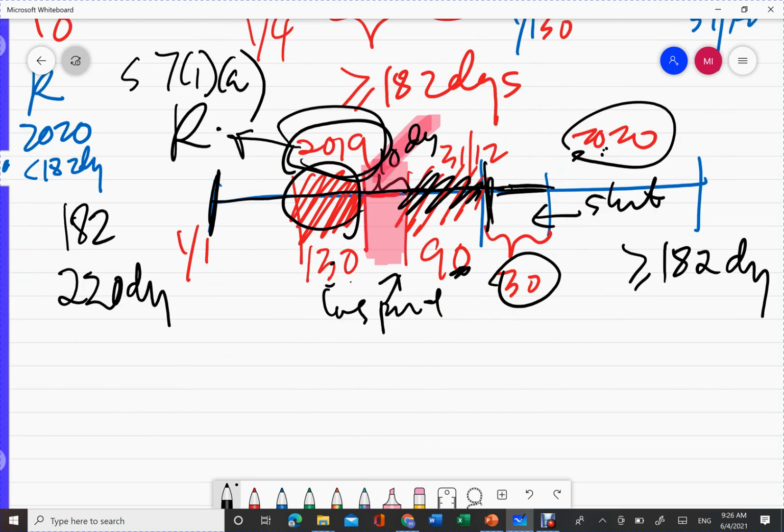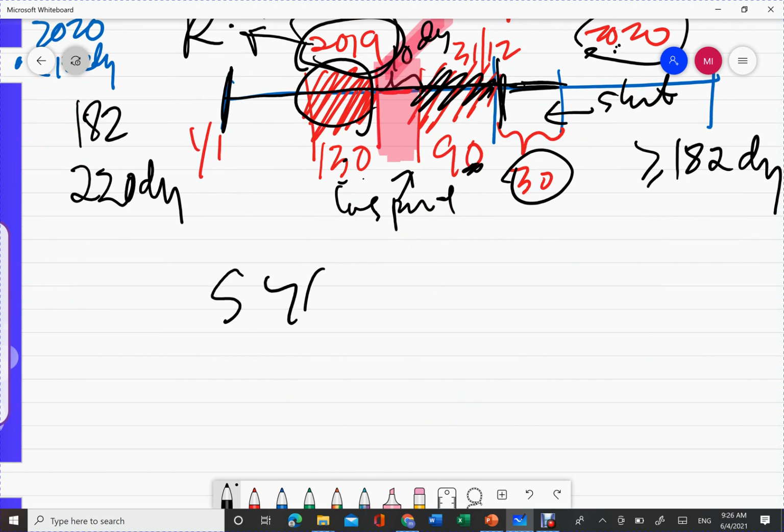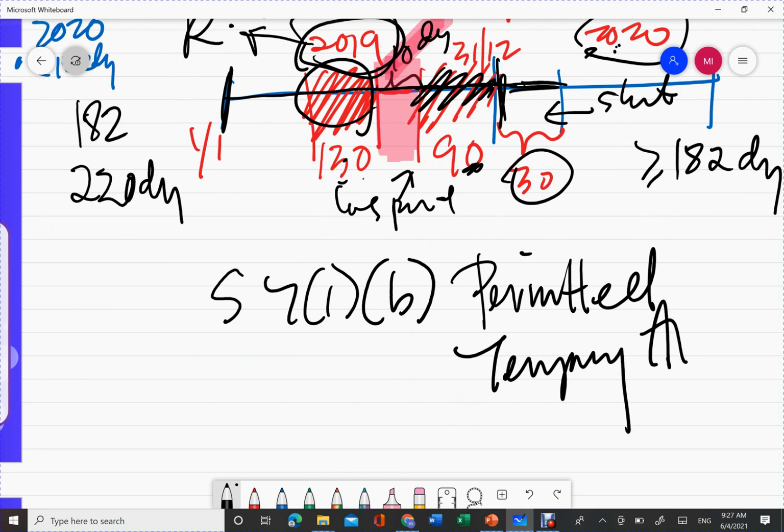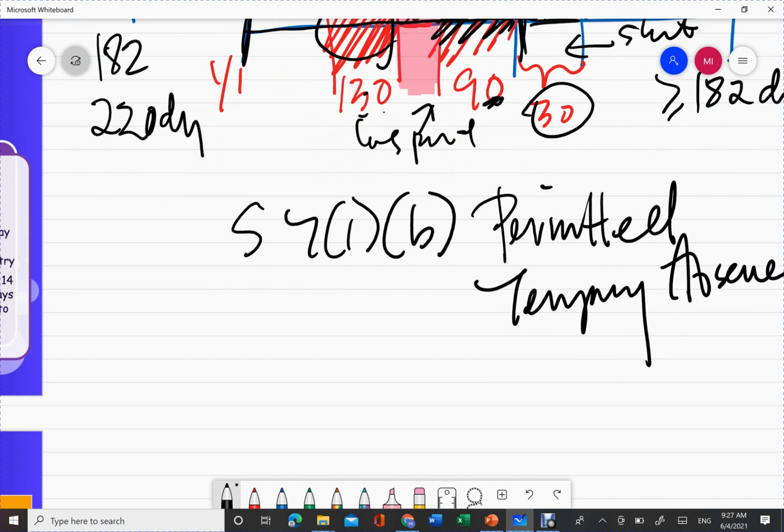Okay, however, under Section 71B, dia ada provide satu condition yang dia panggil sebagai permitted temporary absent. Permitted temporary absent. This is a condition where that person is not in Malaysia during that period. Okay? Ada tempoh tu, that person is not in Malaysia.